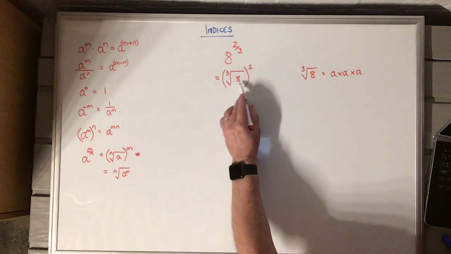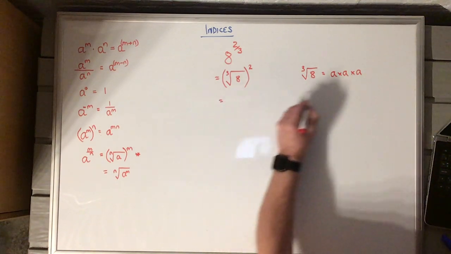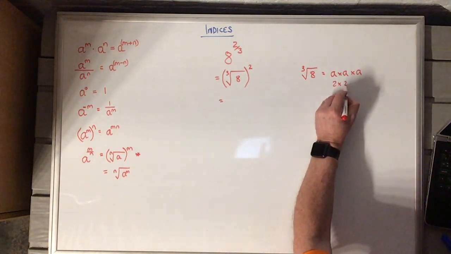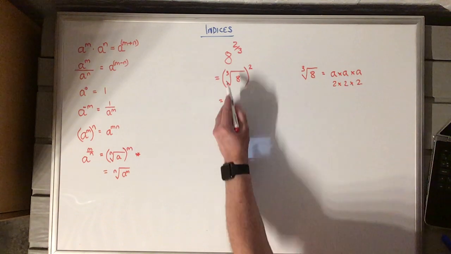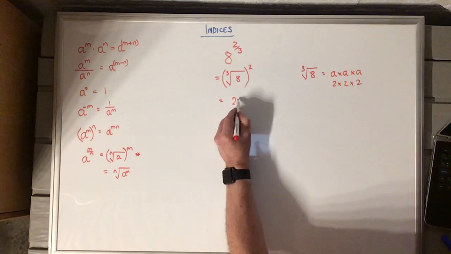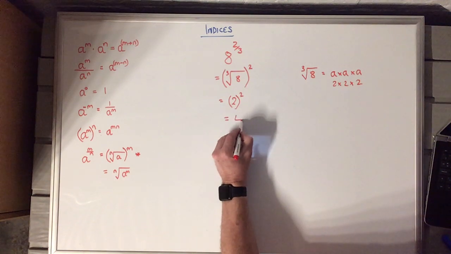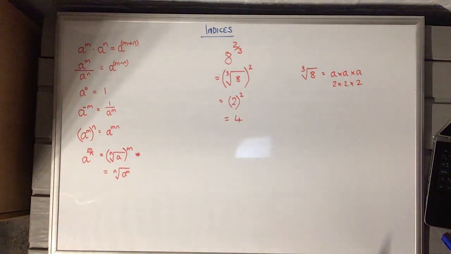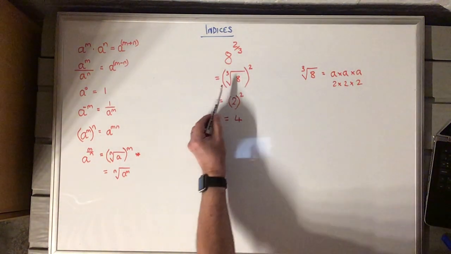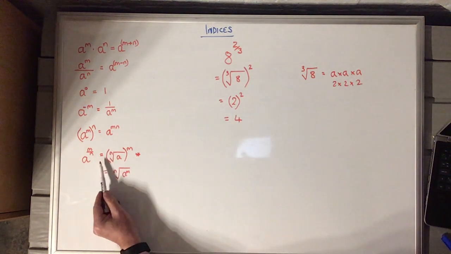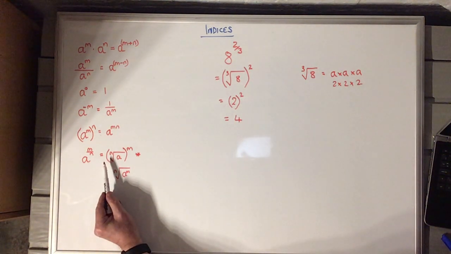So because 2 times 2 times 2 equals 8, the cube root of 8 is 2, and that's all to the power 2, so our answer to that is 4. So that was us using the last rule there, down here.